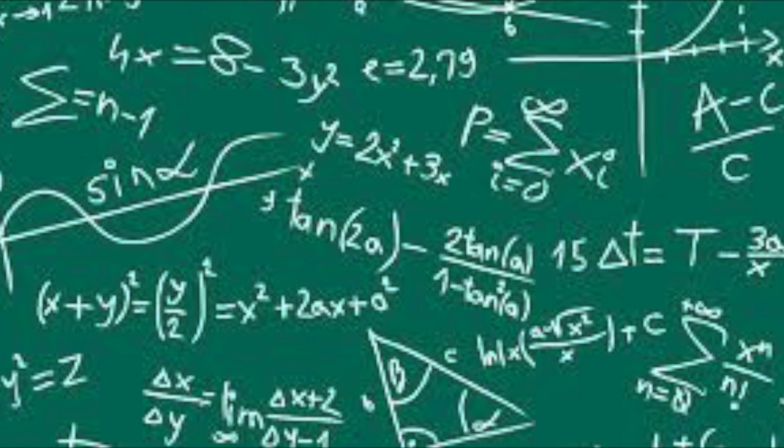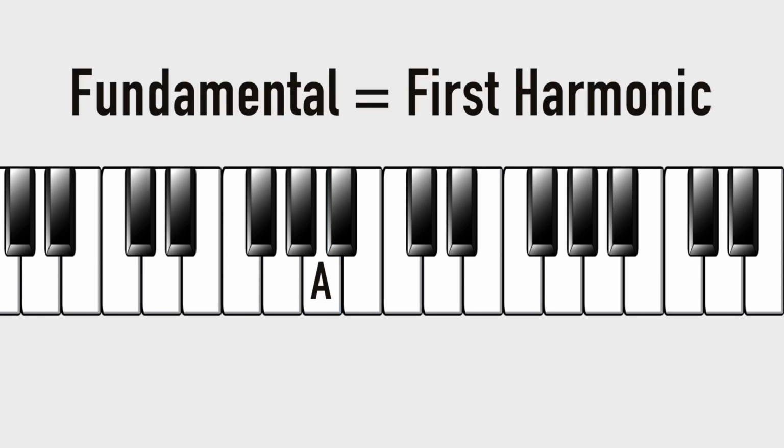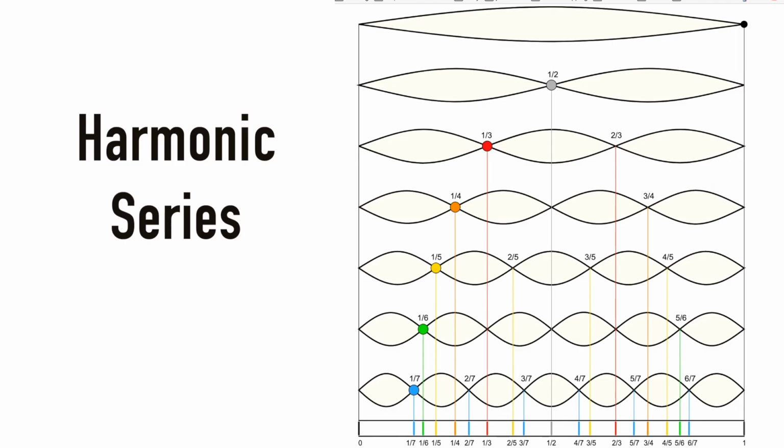Everybody loves math. When you pluck a guitar string, bow a violin, hit a xylophone, something begins to vibrate and a note is produced. If I play this, the note A is produced, and it is called the fundamental note, the fundamental tone. But there are a series of other notes that occur at the same time called the harmonic series. You don't really hear them, but you feel them.